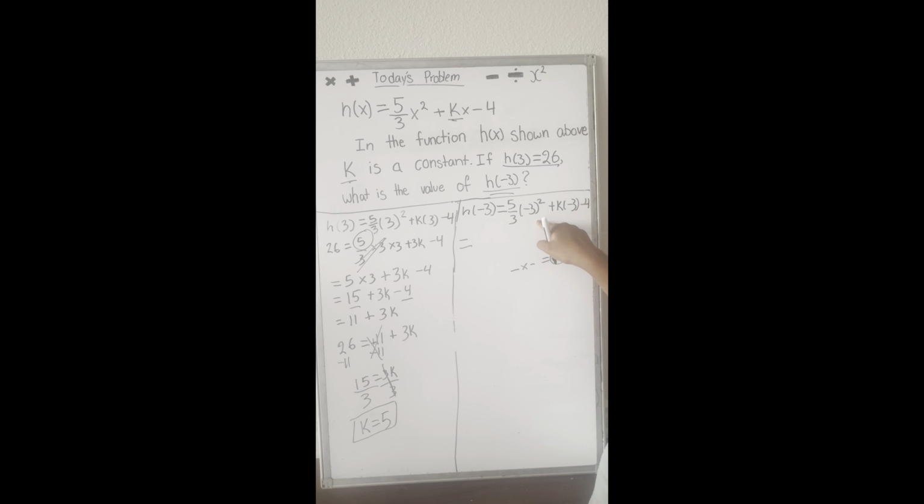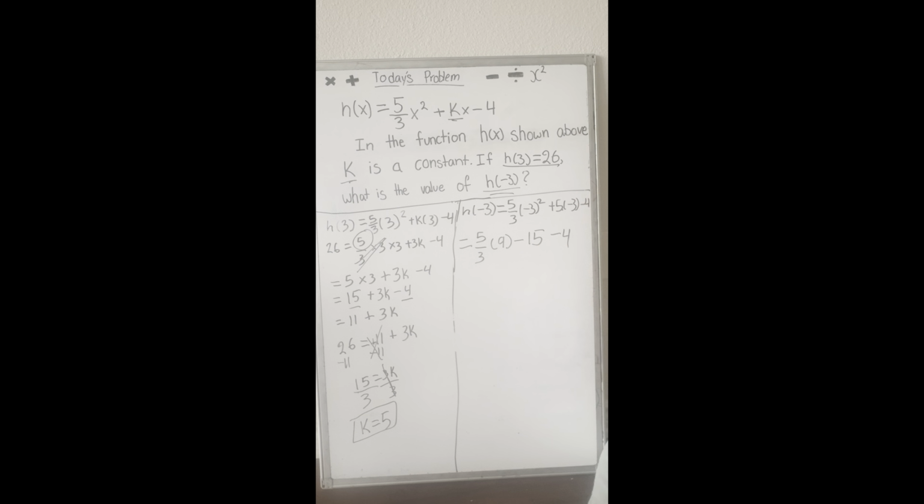So this gives us 5 divided by 3 times 9 plus negative 3k. Oh, right, k is 5. We just saw that. So we get negative 3 times 5, which is negative 15, minus 4.